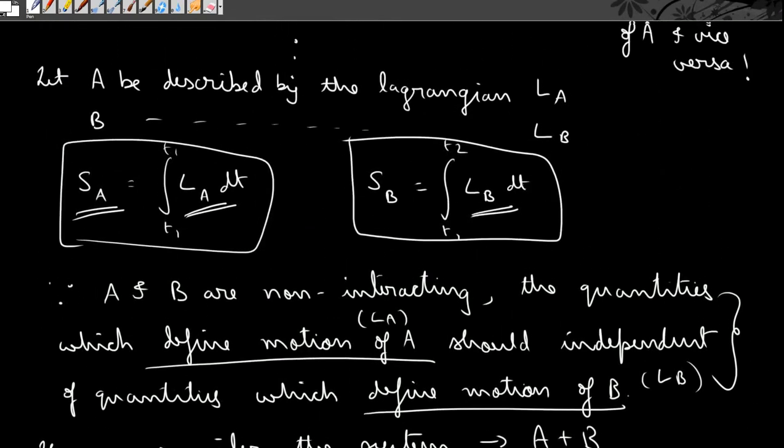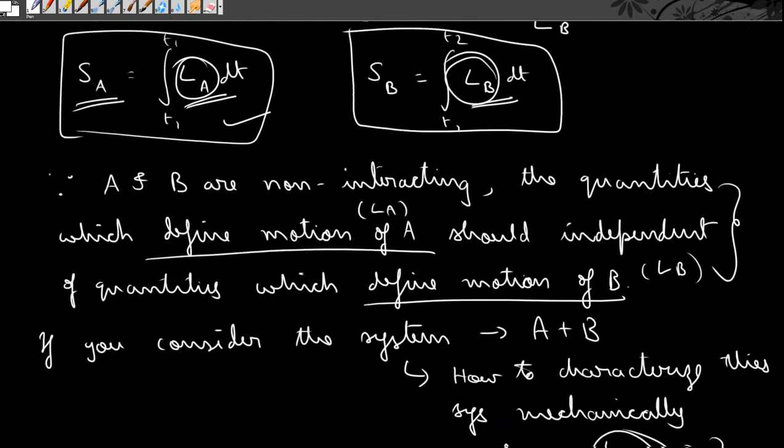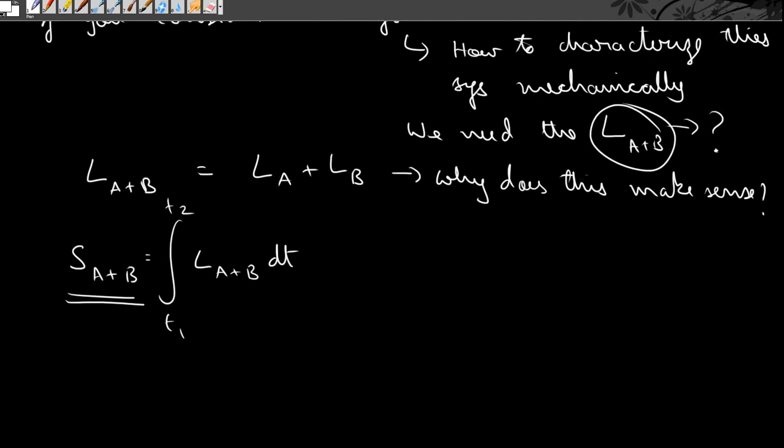Now, if you consider the motion of particle A alone, then the Euler-Lagrange equations will apply for the Lagrangian LA. And if you consider the particle B's motion alone, then the Euler-Lagrange equations will only be the relations with respect to LB. But here we need to incorporate the motions of both the particles.